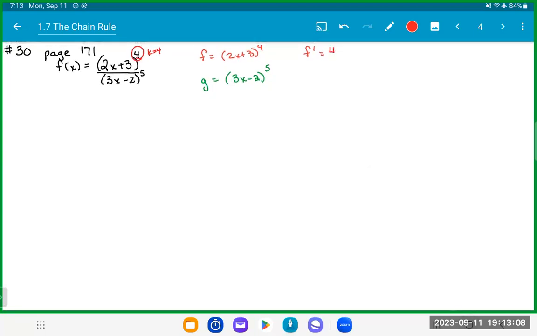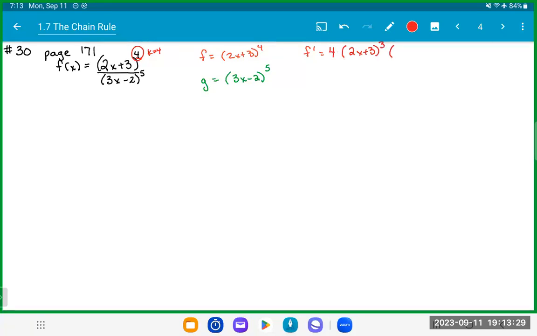So we have 4 times my function, which is 2x plus 3. And then this is 4 minus 1, so I'm going to just write a 3 up here. Okay.